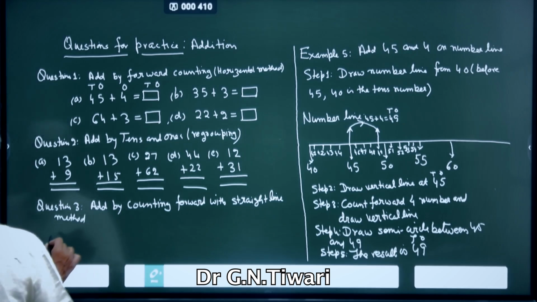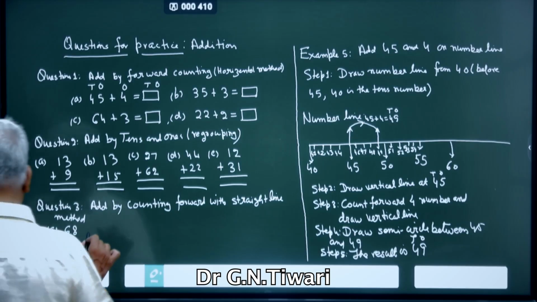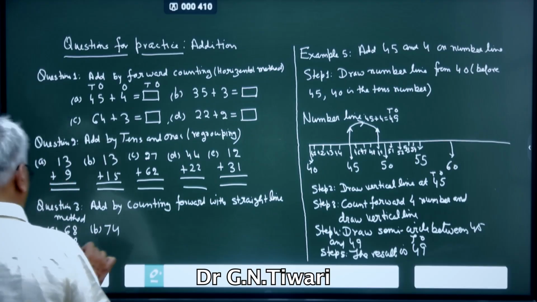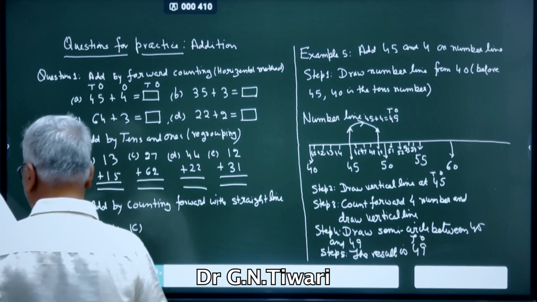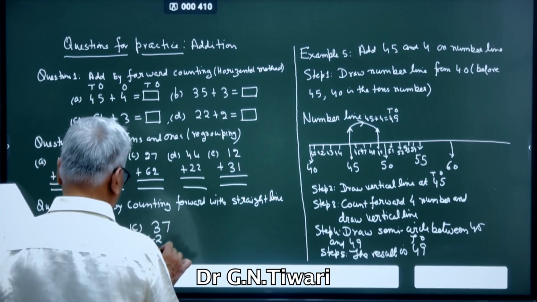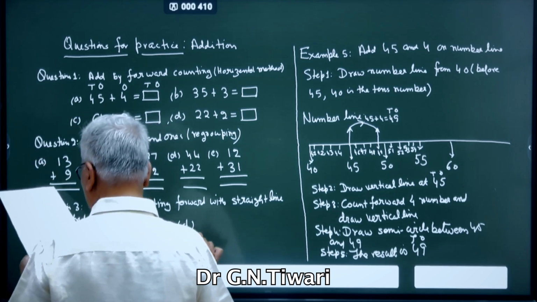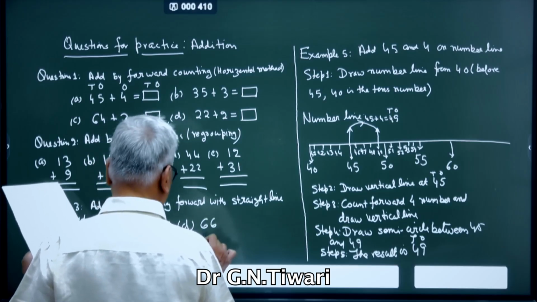See, A: 68 plus 28. B: 74 plus 19. C: 37 plus 26. D: 66 plus 16.